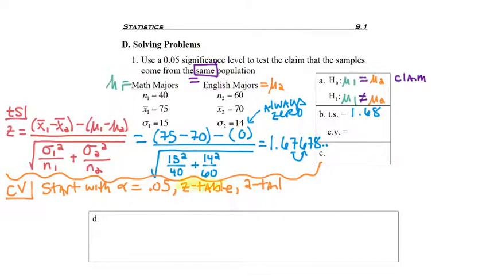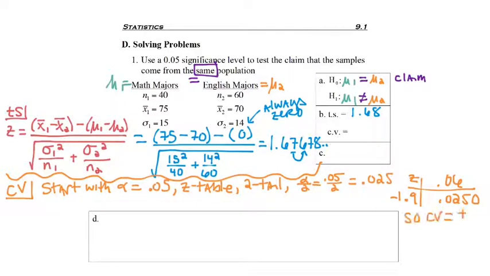So in the z-table, for a two-tail test, I need to divide alpha in half and get 0.025. And the way the z-table works is I'm going to have this amount of area in the left tail, which is the way the table works. So I'm going to go to the z-table looking inside for 0.025. And in row 1.9, it's actually in there. Usually we have to find which number it's closer to, but in this case it was in there.